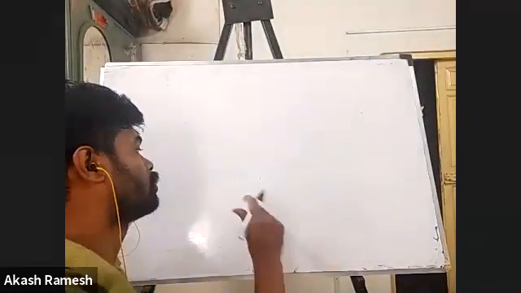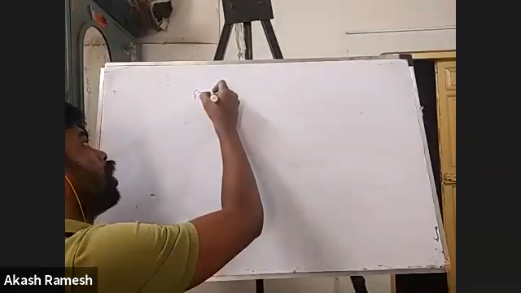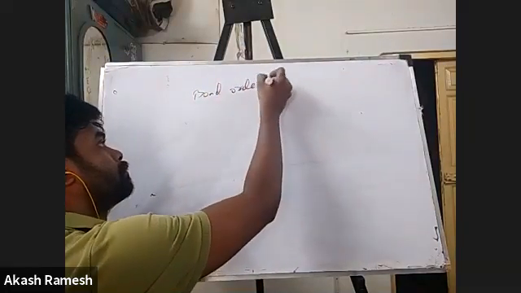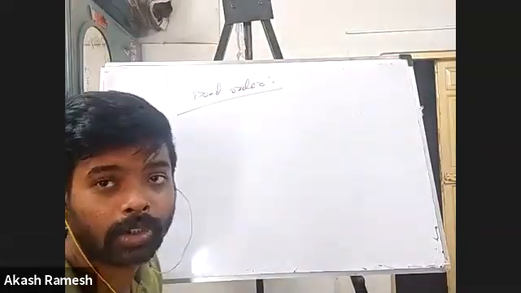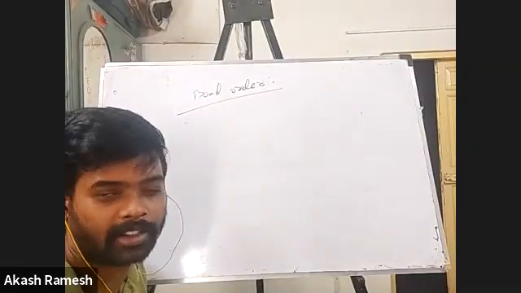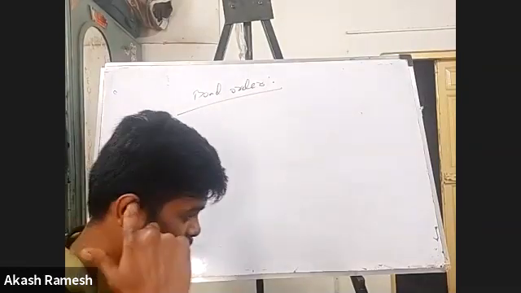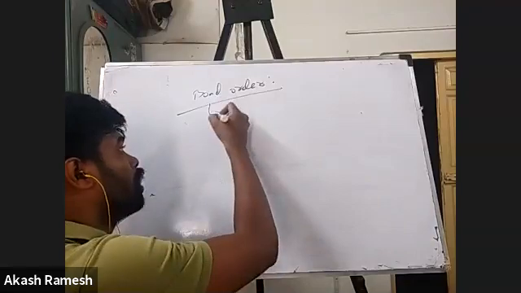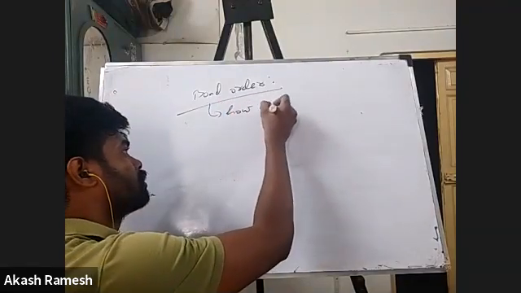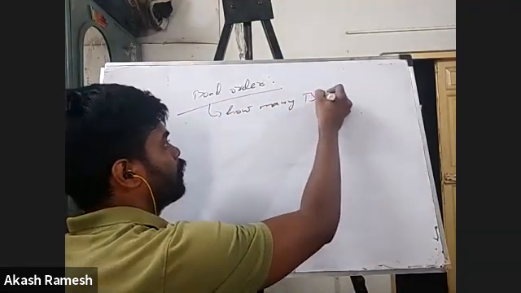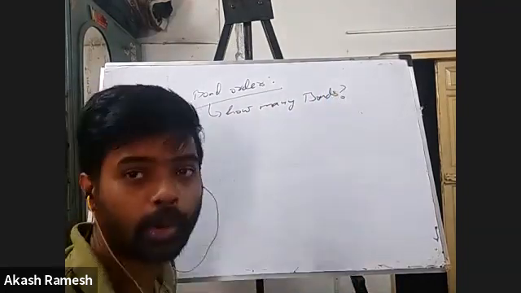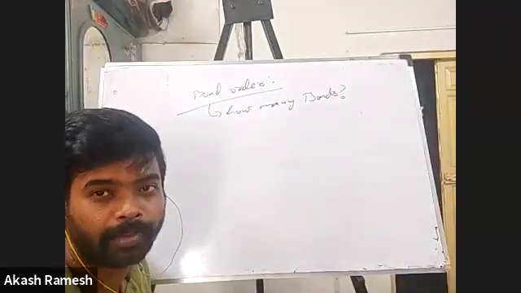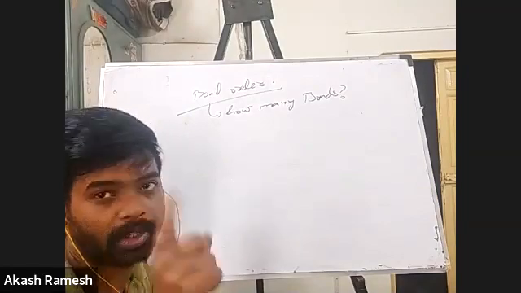Okay. So there is a thing called bond order. It's nothing big, just a formula. Indirectly, this tells you how many bonds are formed between the two atoms. For example, in H2, I know between the hydrogen atoms there is only one bond.